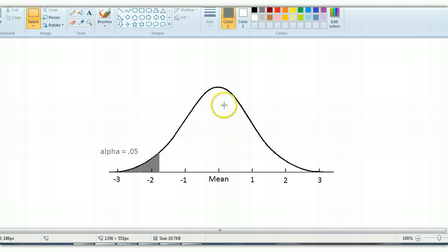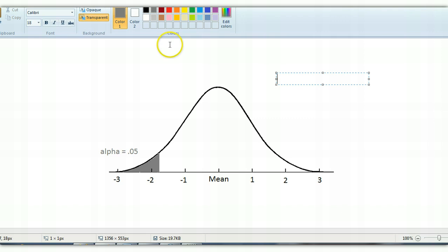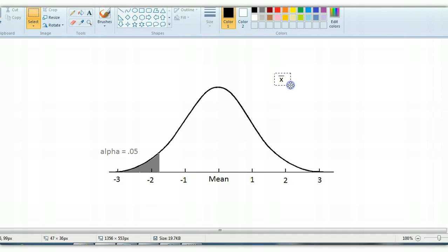Now, if this is a claim mean here, somebody makes this claim and we take a sample, and our sample mean occurs down here somewhere. Let's just say it's right here on the number line. So it occurred in our rejection region. We would reject the claim. We would reject whatever this claim mean was, because our sample is providing evidence that that's probably not true.